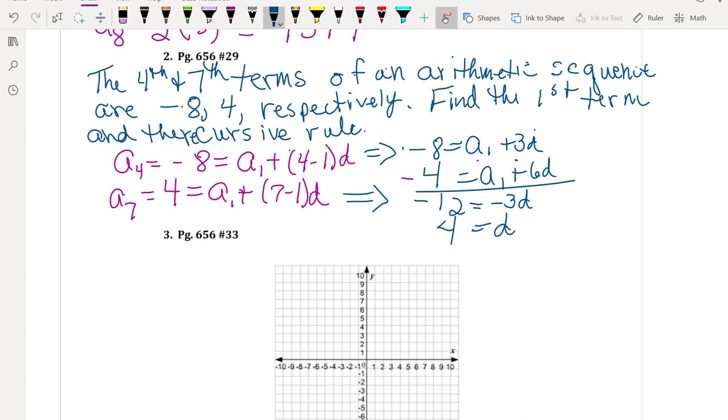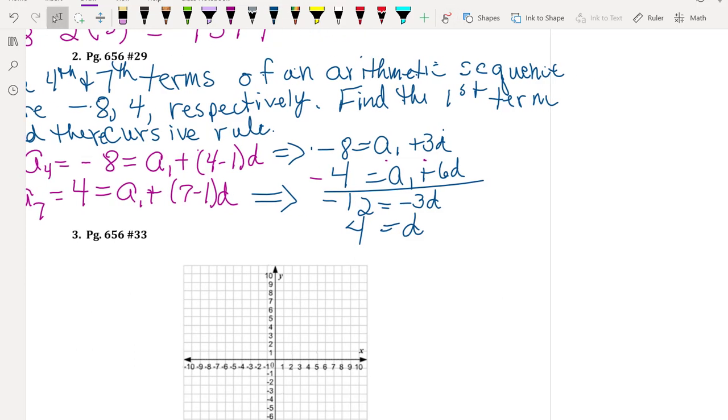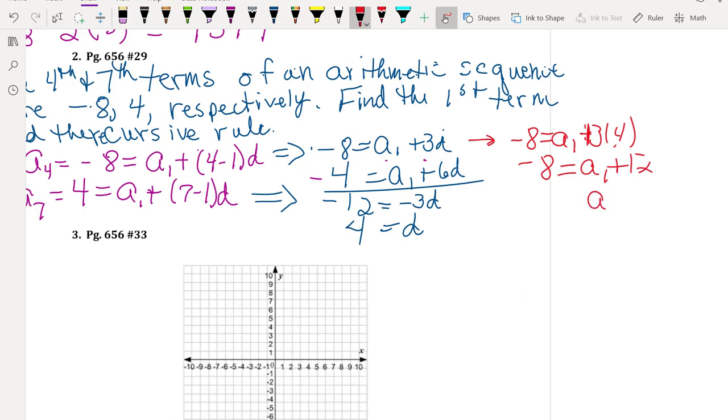And then I can take either one of my equations and find A1. So I'll just use the first one. So I have negative 8 equals A1 plus 3 times 4. And so I get negative 8 equals A1 plus 12. So A1 is going to equal negative 20.